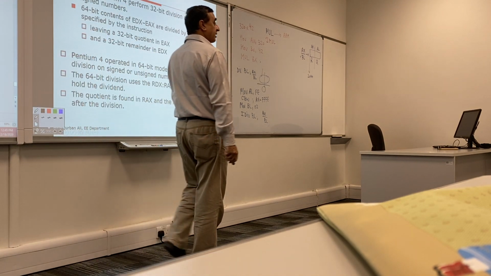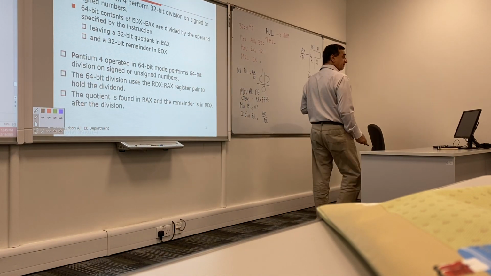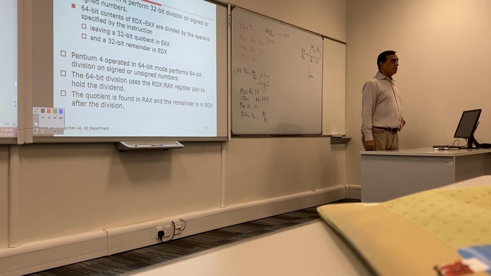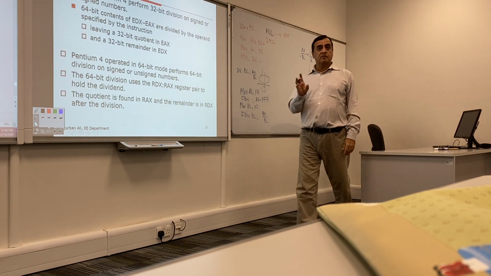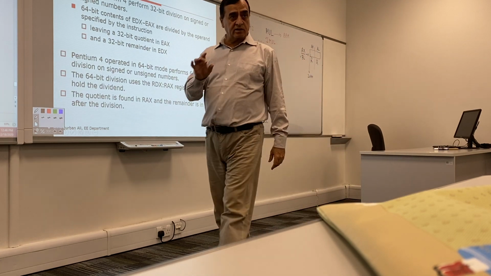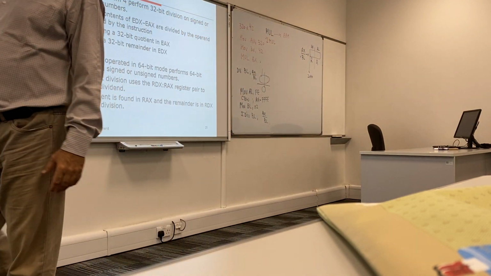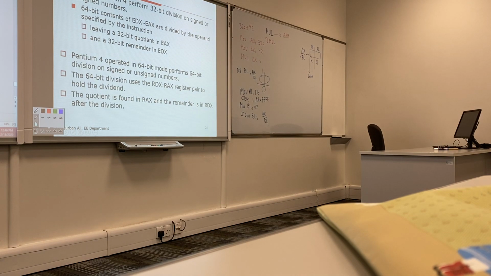Now, remember the multiplication? What we said, in real mode or protected mode or flat mode, the multiplication operation is the same in the microprocessor. The same thing is for the division, whether it is real mode, protected mode, or flat mode.